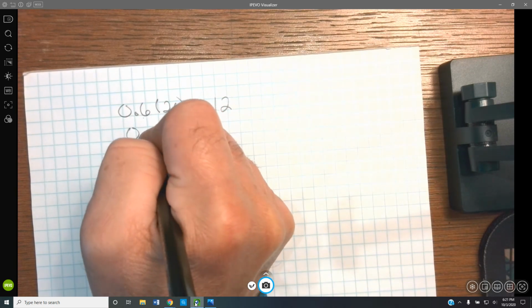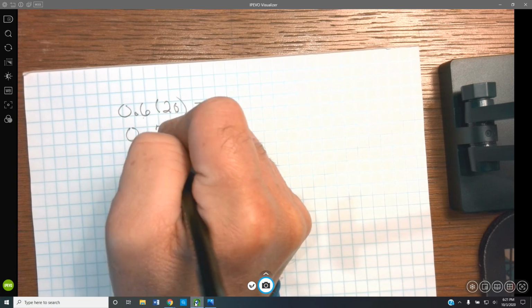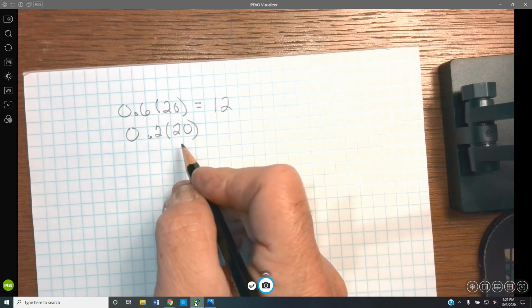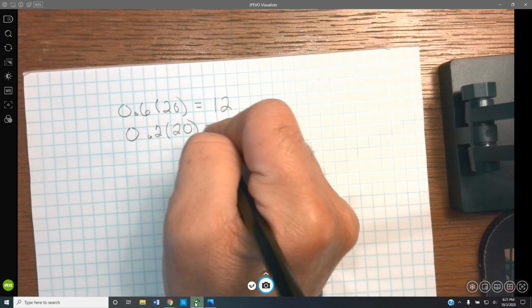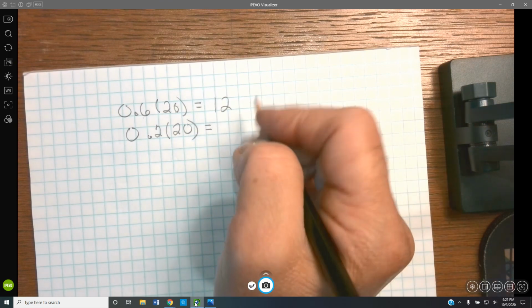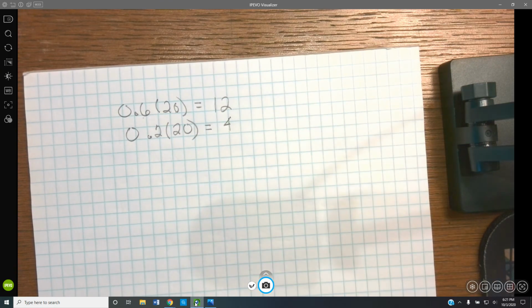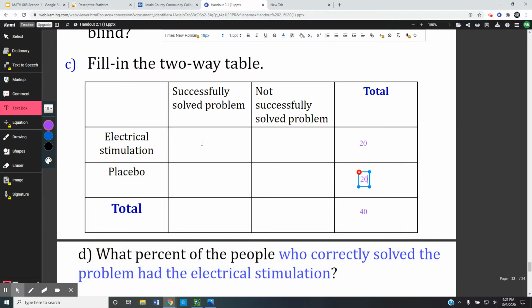And it said that 20% of the other group, which was also 20, were successful, who did not receive the placebo group, and they were 4, or 20% of 20 is 4. So if I go back now and do a little bit more typing here, that means under electrical stimulation, right here, 12 were successful. And that means here, 4 were successful.